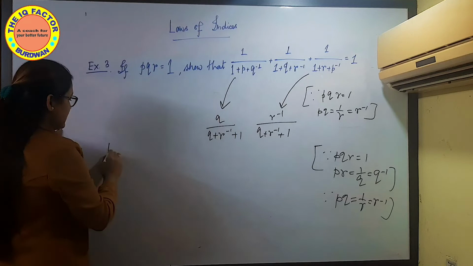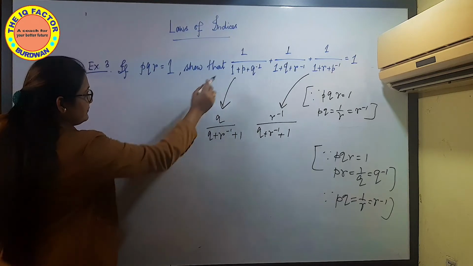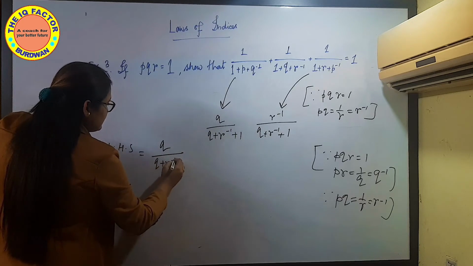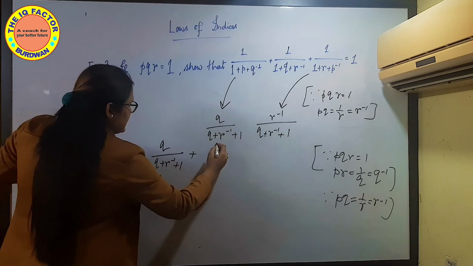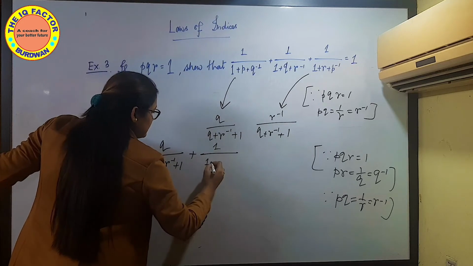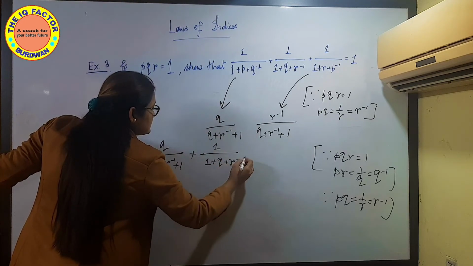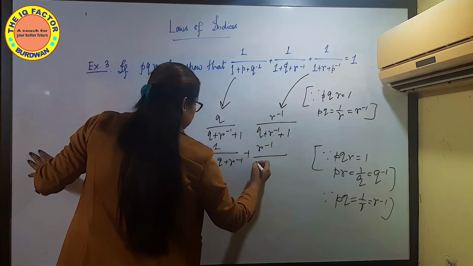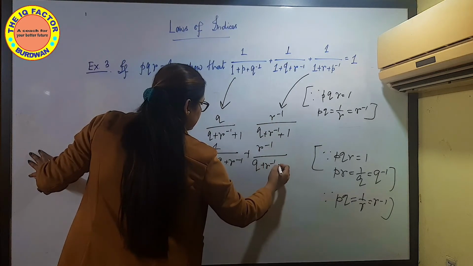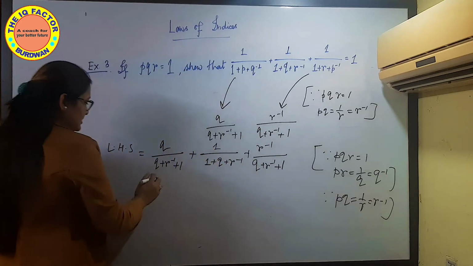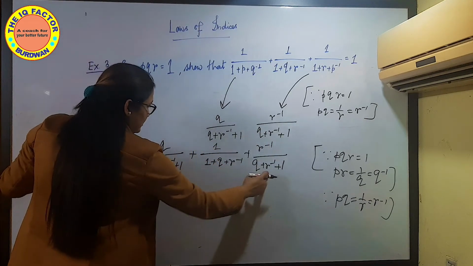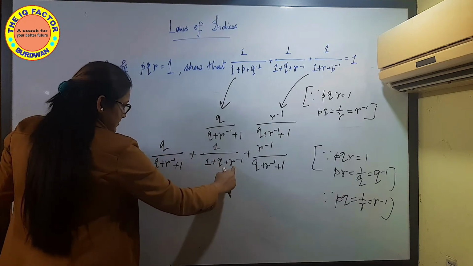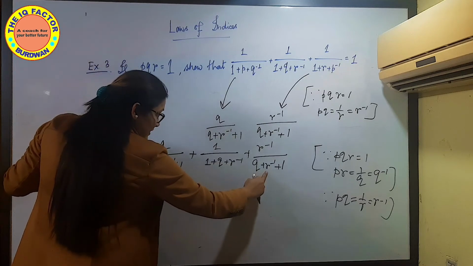So now, left hand side: the first expression is Q plus R inverse plus 1, the second is 1 plus Q plus R inverse, and the third is the same. So the denominators are the same for all the expressions: Q plus R inverse plus 1.